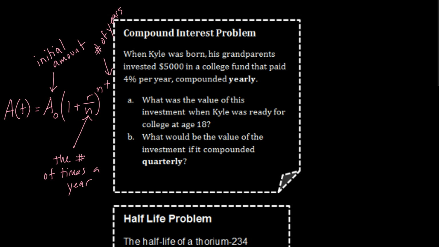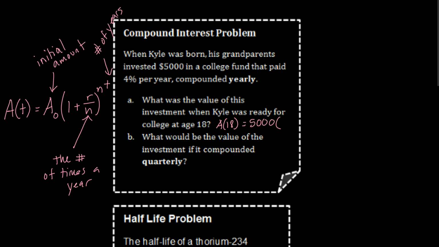So it says, what was the value of the investment when Kyle was ready for college at age 18? So at age 18, how many years have passed? 18. So what variable are we replacing? T. So t is 18, is equal to, what's our initial amount? 5,000.